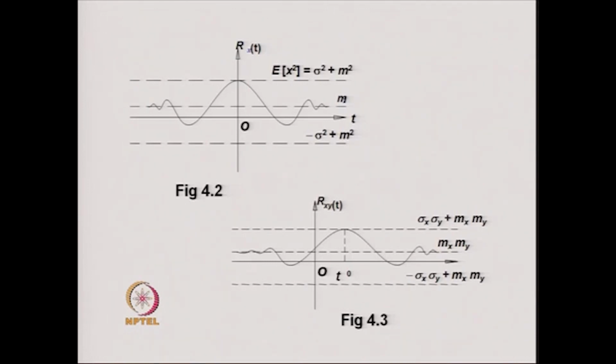So, we can see that for large values of tau, the correlation between the stochastic process x and the stochastic process y can be ignored, or we can say that it becomes very negligible.